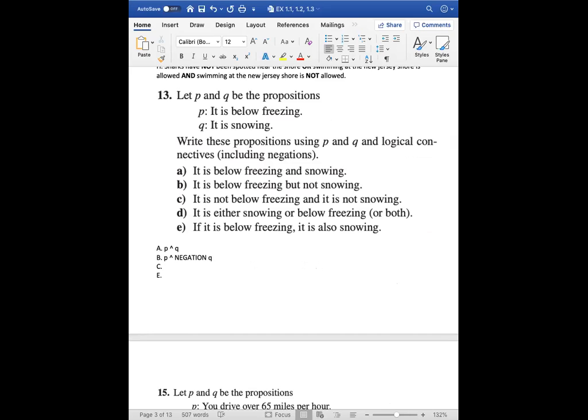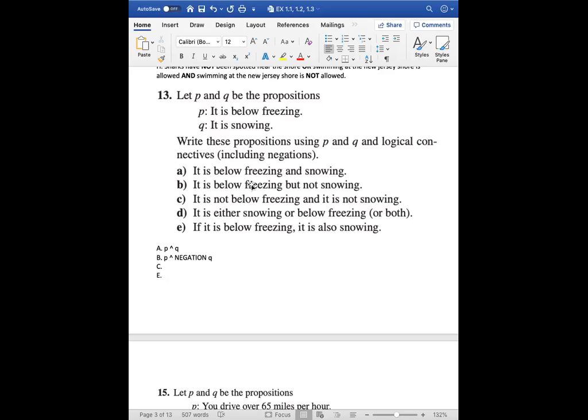For B, why do we use "and" while there is no "and" in the statement? Yeah, here, the way the sentence is structured, it is saying "but". It doesn't have to explicitly say "and not snowing". It represents the same thing.